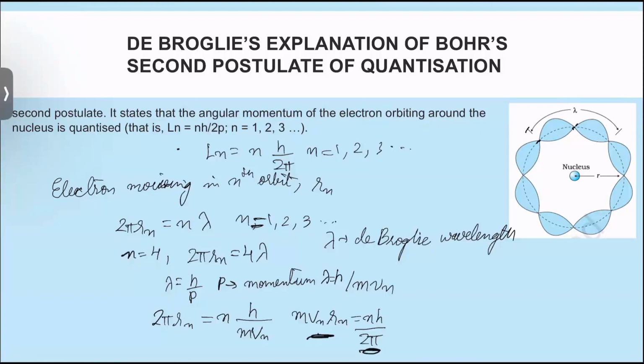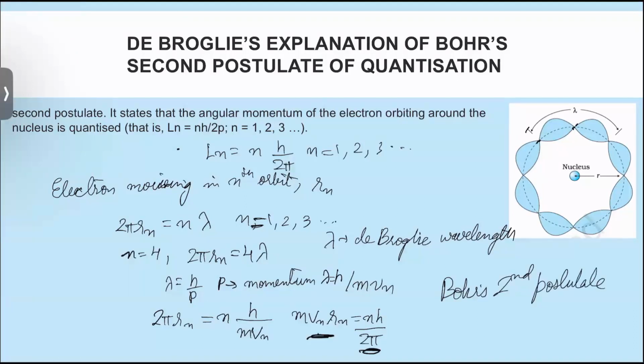So there are a few inferences that we can make after all this. Bohr's model, which involved the de Broglie hypothesis, gives us an explanation of Bohr's second postulate.